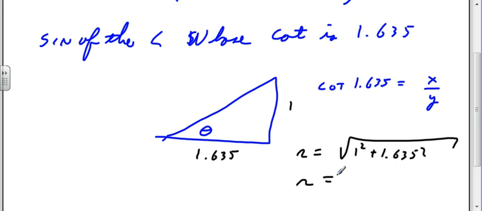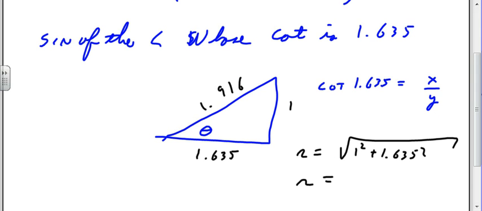Square root of 1 squared. I wonder if that's going to come up 1. Plus 1.635 squared. Close parentheses. So now I know the hypotenuse is 1.916.